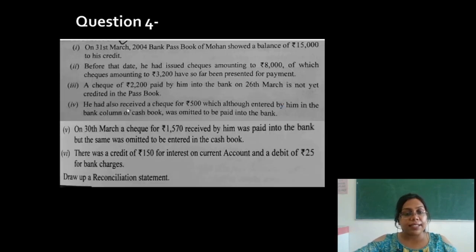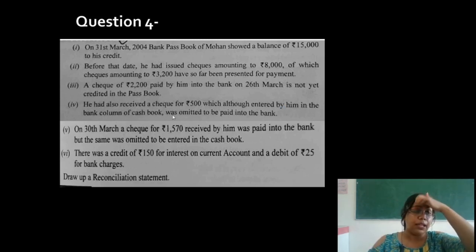Next, he had also received a check of rupees 500, which was entered by him in the bank column of the cash book but was omitted to be paid into the bank.